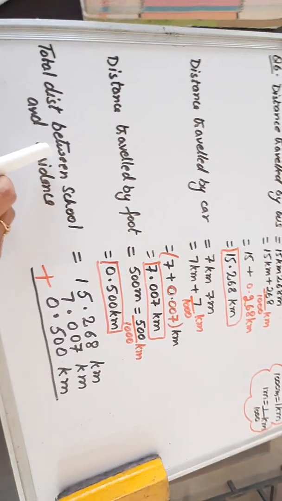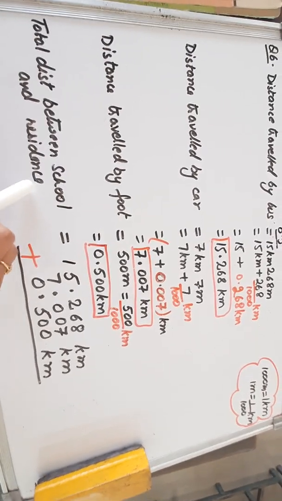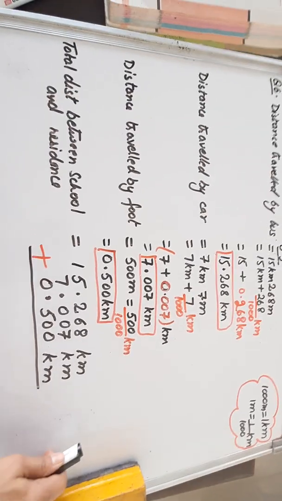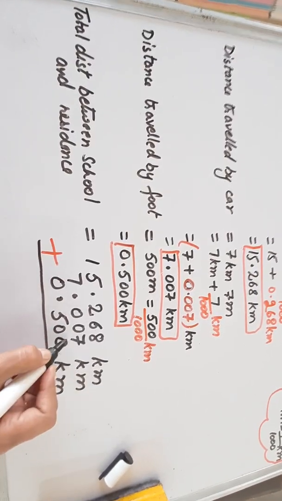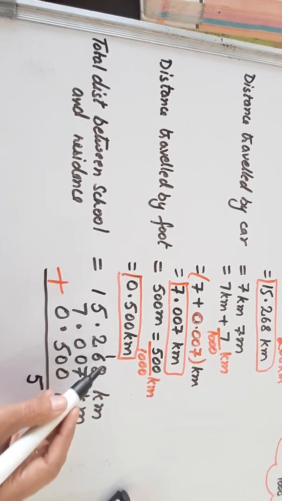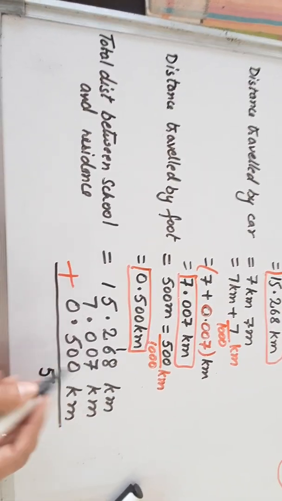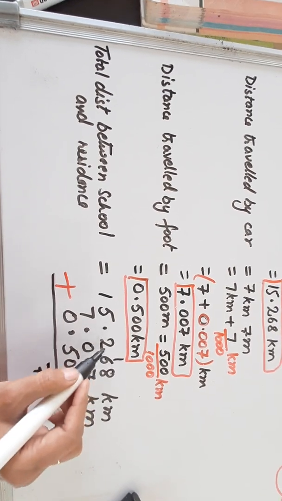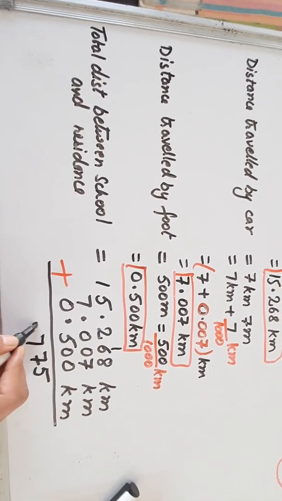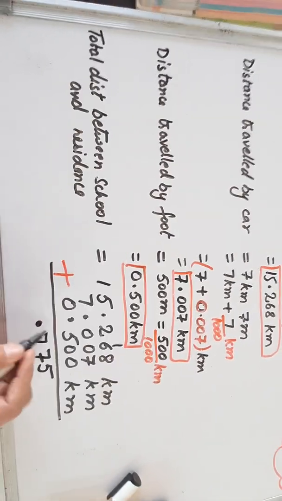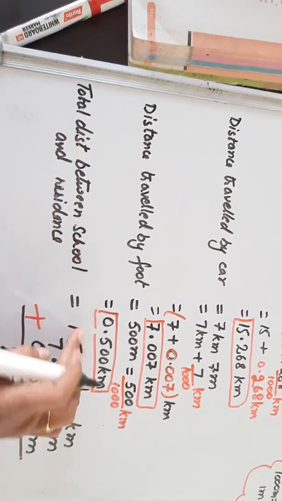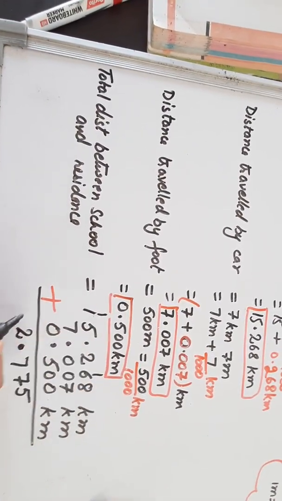Now total distance between school and her residence is, add the 3 distances and let's see what is the total distance. 8 plus 7 is 15, 5 carry 1, 6 plus 1 is 7, 7 plus 0 is 7, then 2 plus 0 is 2, 2 plus 5 is 7, then place decimal under decimal. 5 plus 7 is 12, 2 carry 1, so 1 plus 1 is 2.